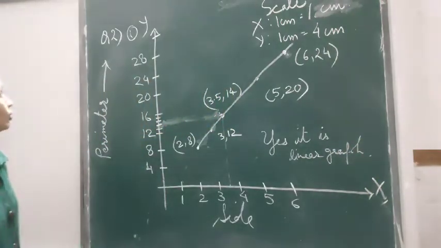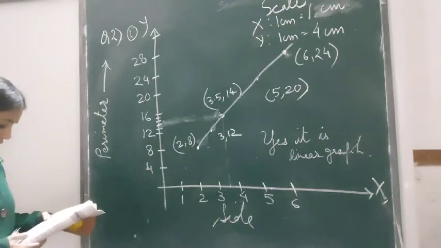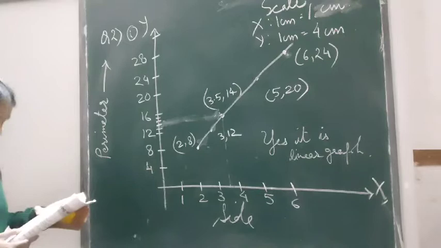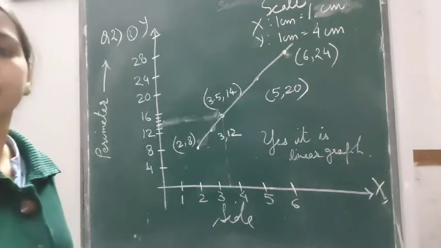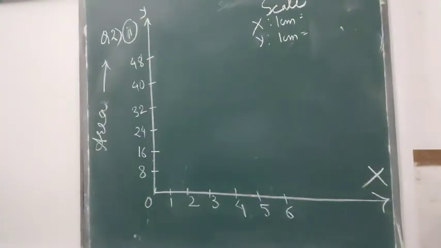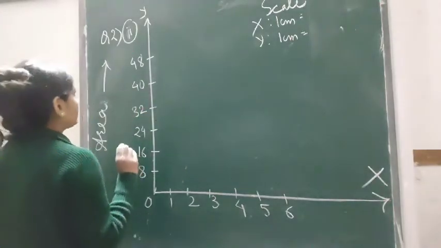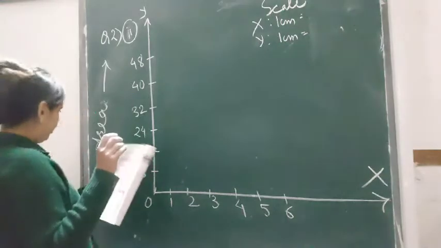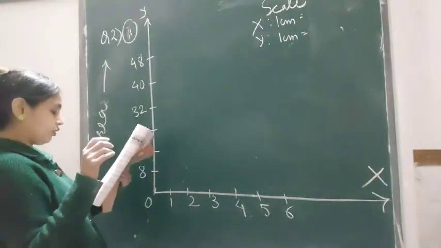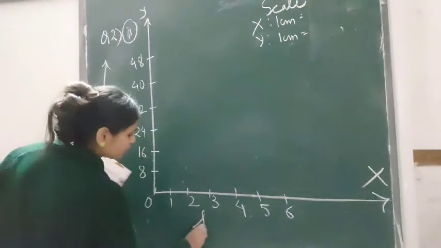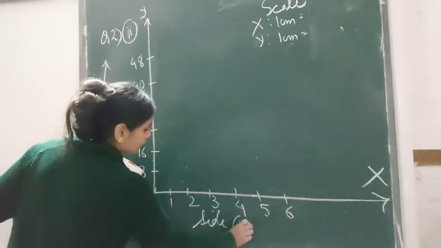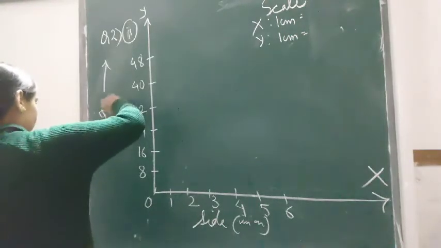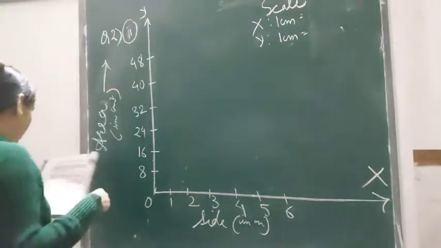So this completes your first one. The second one is the side of the square and the area. So let's start. Here will be the graph for question number 2, part 2, where we have to draw the graph between the side of a square, in centimeter, and the area, in centimeter square, right?